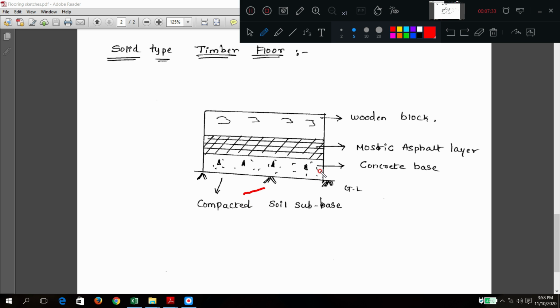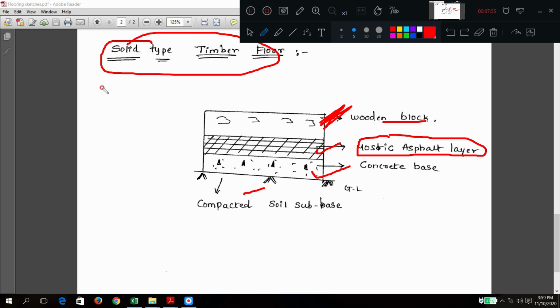On the top you have concrete base. On the next you have mastic asphalt layer, which acts as a DPC, a strong membrane, which will protect this wooden floor or wooden block from moisture. This is the solid type of timber floor. Okay. So that explanation I have given.